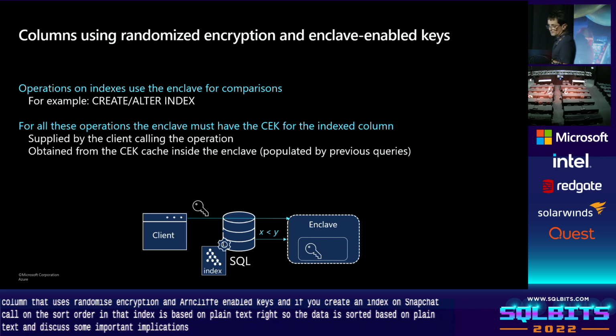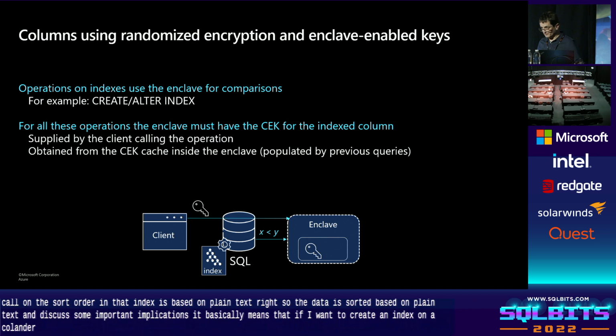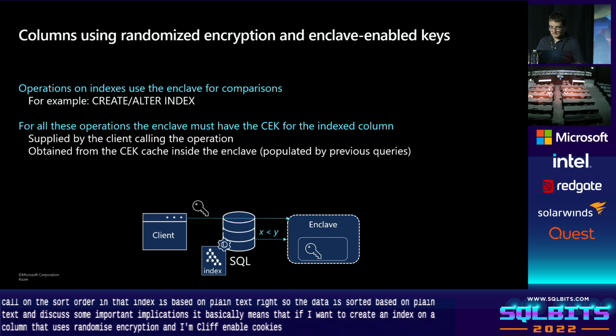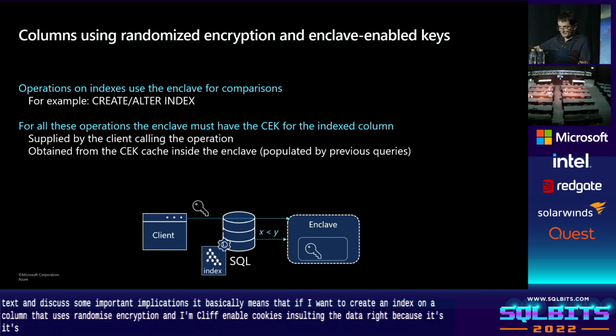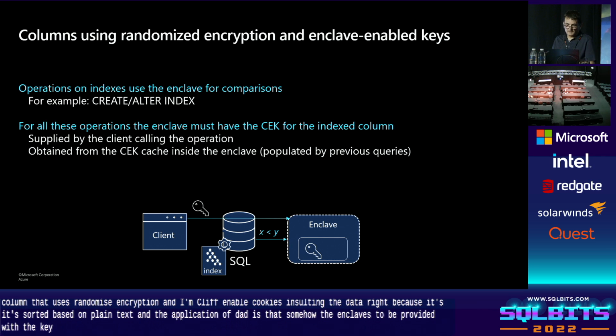It basically means that if I want to create an index on a column that uses randomized encryption and enclave-enabled keys, the enclave will need to be involved in sorting the data, right? Because it's sorted based on plain text. And the implication of that is that somehow the enclave needs to be provided with the key, okay? And in general, there are 2 ways to do that.